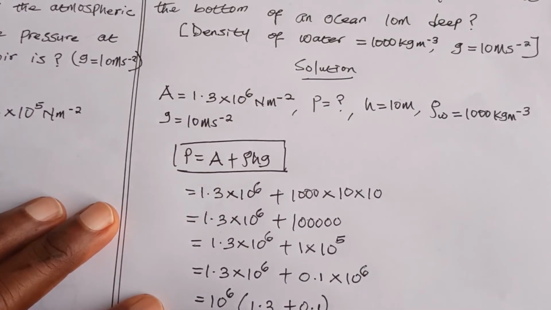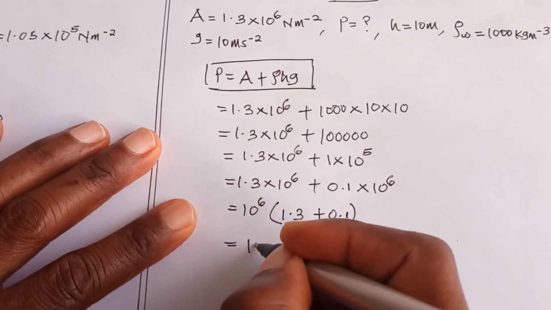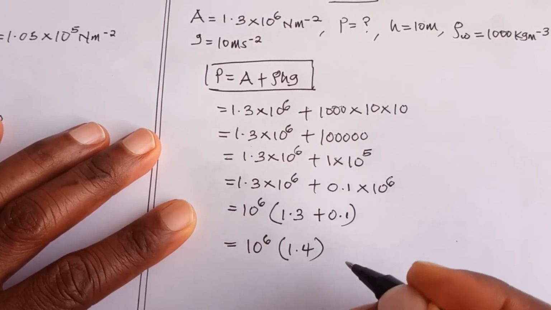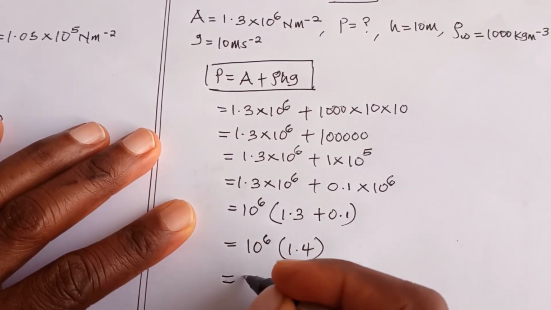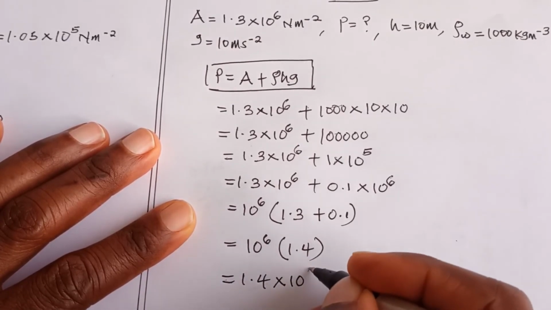Of course, 1.3 plus 0.1 is 1.4. So I can say this is 10 raised to the power of 6 bracket 1.4. So meaning I'm having 1.4 times 10 raised to the power of 6.